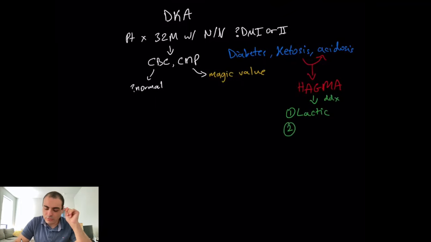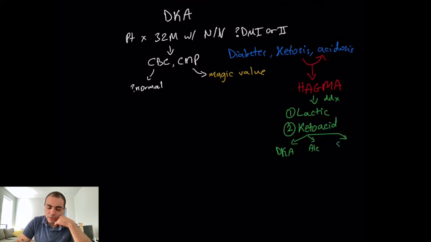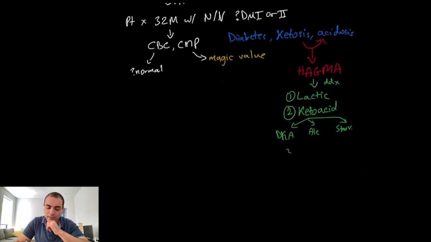Number 2 is ketoacidosis, and ketoacidosis is 3 types. One is DKA, easy. The other one is alcoholic ketoacidosis, and the third one is starvation. And then finally, the third differential is AKI, which is uremic acidosis, essentially.